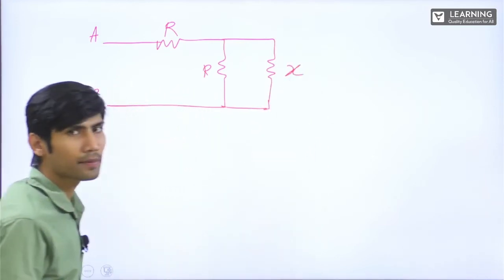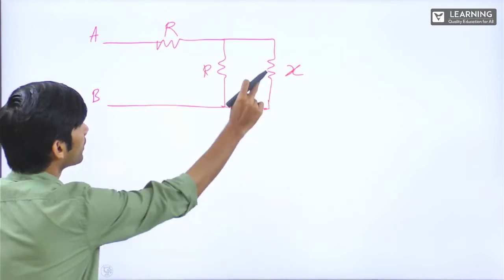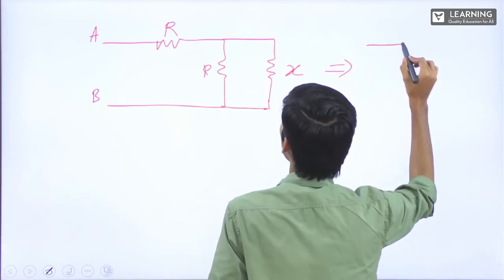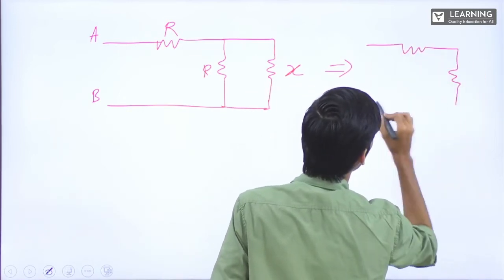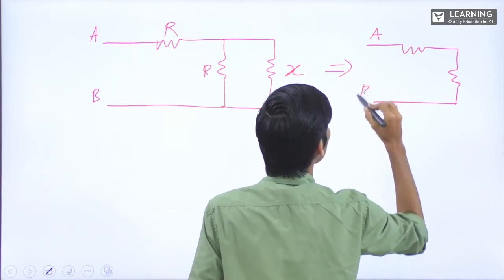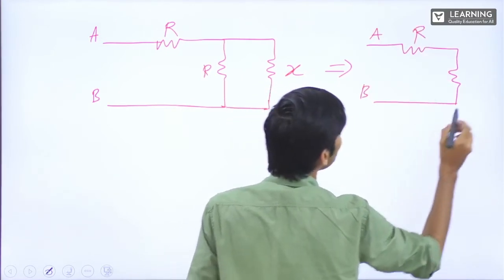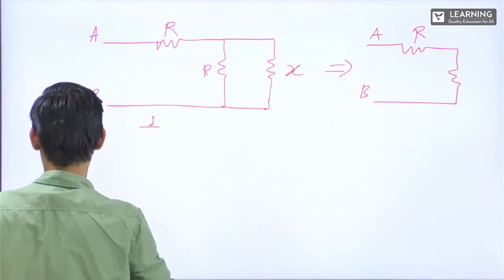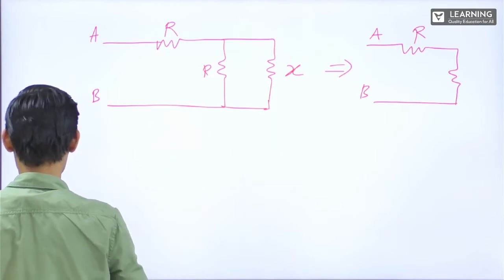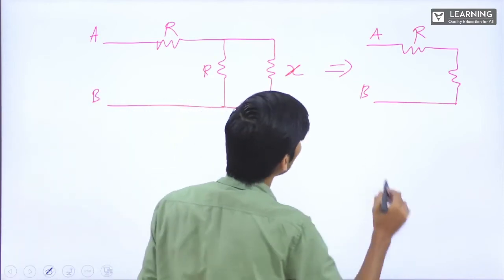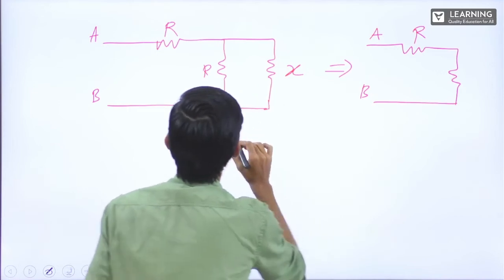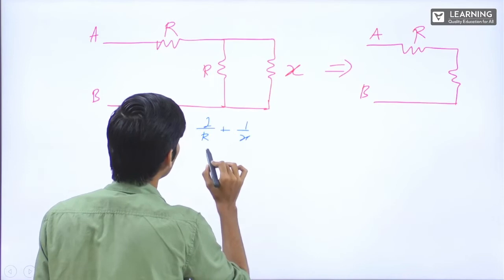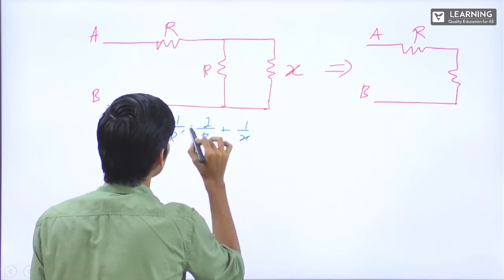Now can you solve this circuit? Easy. See here. These and these are in parallel. So between A and B, this is R. This will be 1 upon R plus 1 upon x. This will be 1 upon R dash, let's say.